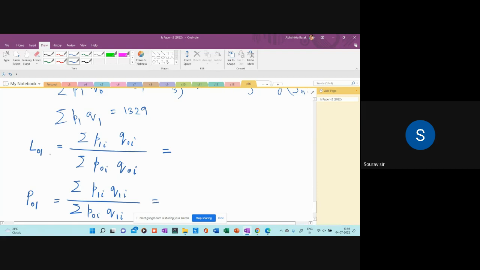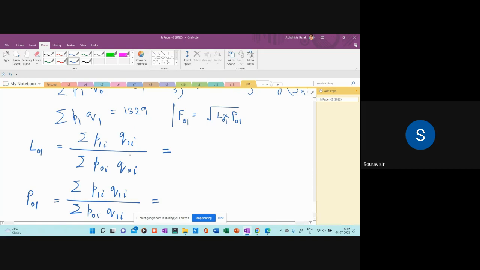Okay, this is corresponding to P naught 1. And what is Fisher's ideal index? The Fisher's index is nothing but the geometric cross of L and P. So I can write F naught 1 is the square root of L naught 1 into P naught 1.